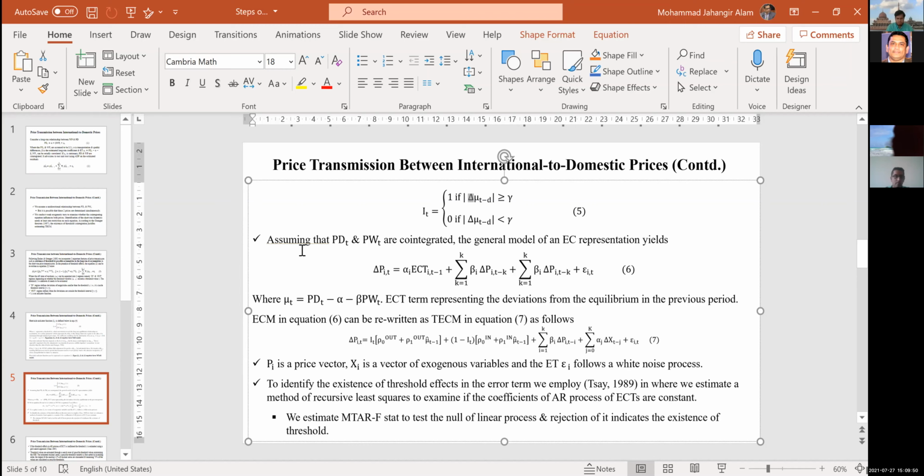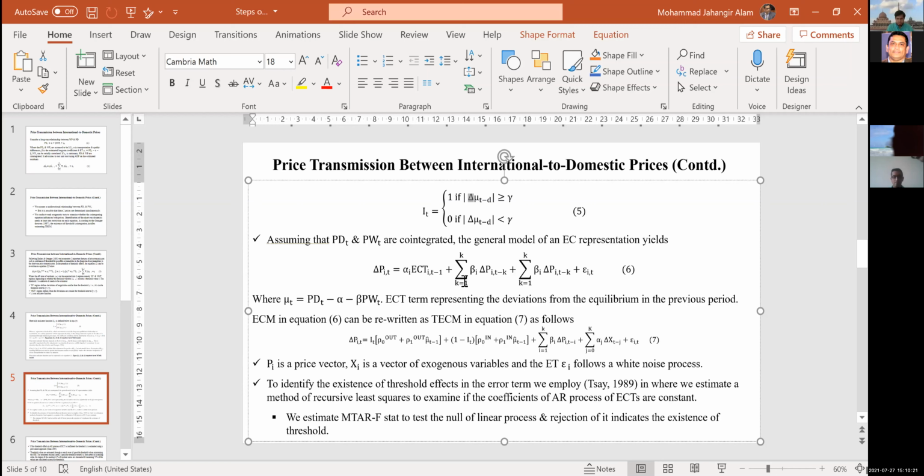So in this case, for example, we are not assuming anything, just a simple error correction model. This is the simple error correction model, with two variables, PT and WT, that we found are co-integrated. In some cases it's P D and then Y and WP.